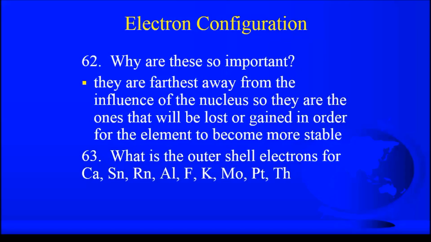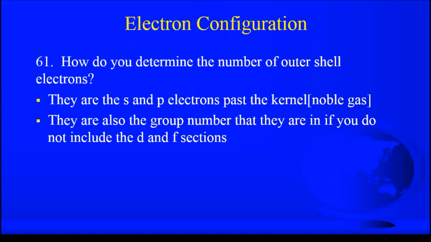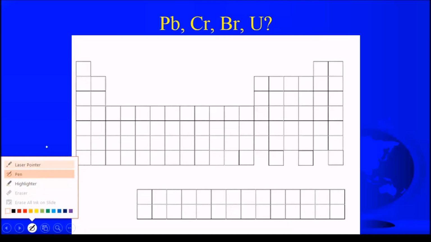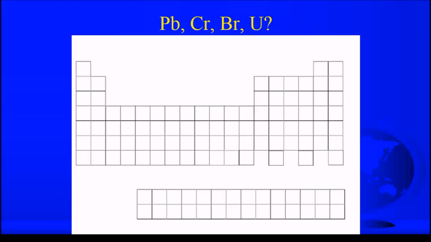Okay, so let's look at the outer shell electrons for these guys. Remember that all you care about are the S and P's. If you're in the D section, we don't care about any of those electrons. If you're in the F section, we do not care about any of those electrons. So, let's find calcium.